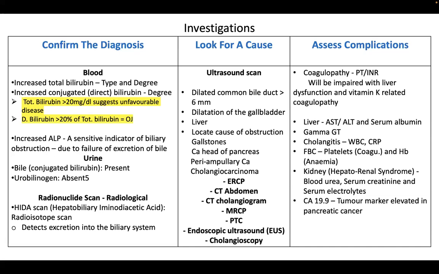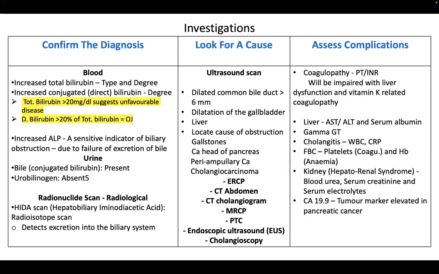So if it's a stone, if it's a cancer, if it's a periampullary carcinoma, cholangiocarcinoma, you can find this from the ultrasound scan. Then the other investigations for causes: ERCP, CT abdomen, CT cholangiogram, MRCP, PTC, endoscopic ultrasound, and cholangioscopy. These are discussed a bit later. I just listed all of them out here.